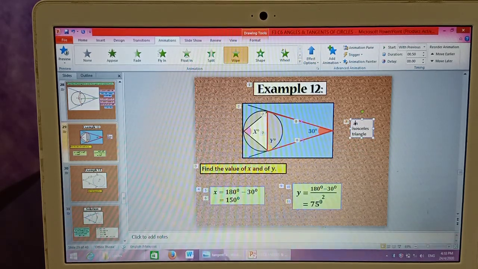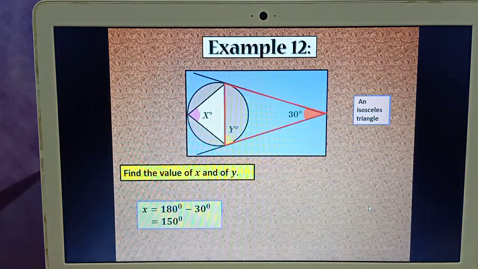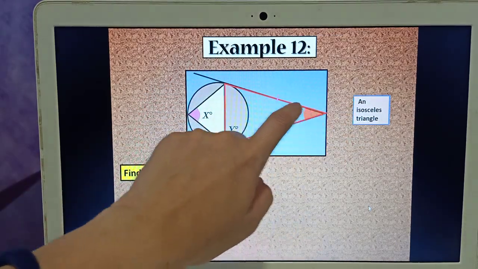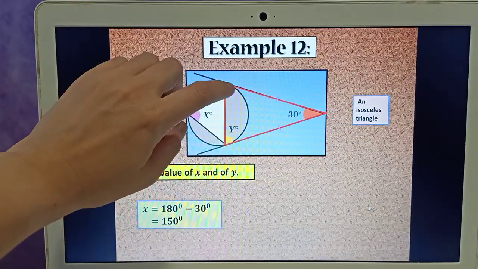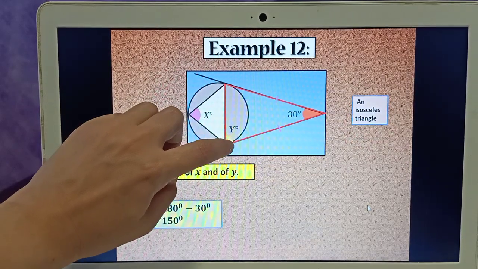An isosceles triangle has two legs of the same length, right? So this length and this length are equal. It means that this angle and this angle are also equal.